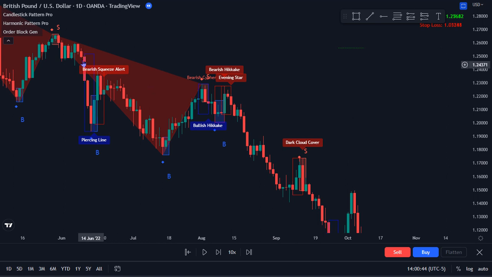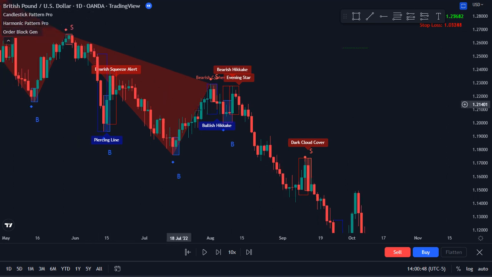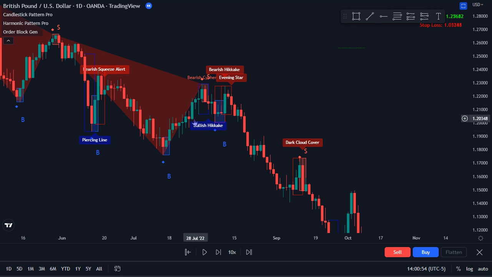The strength of this is going to give less false signals, the harmonic patterns, whereas sometimes the candlestick patterns, every indicator will give some false signals. That's why we use them as multiple confirmations to line up together.